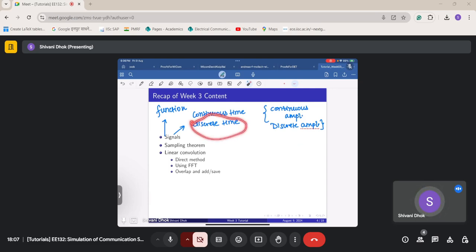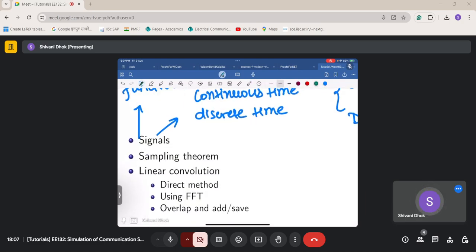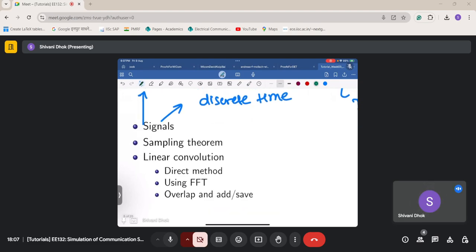However, we have discrete time, and in order to get discrete time signals, we need to sample the signal, and this sampling has to be done with the help of some sampling frequency. The Nyquist sampling theorem gives a condition on the sampling frequency that fs should be at least equal to 2 times fm for a band limited signal.